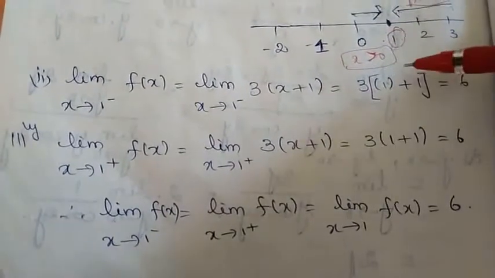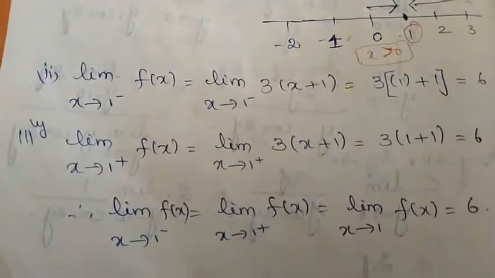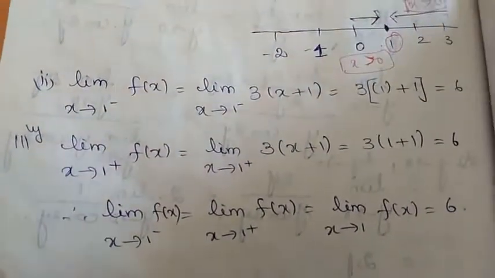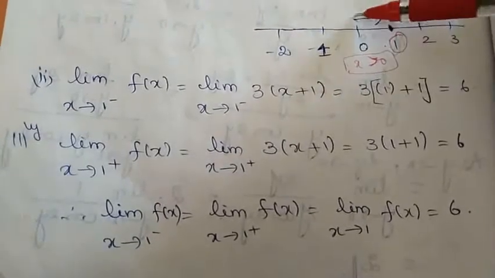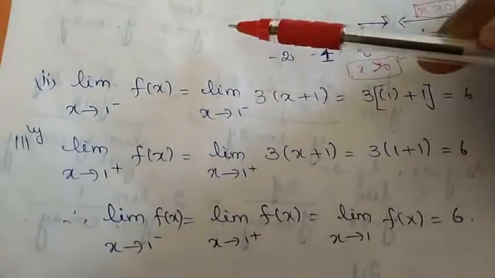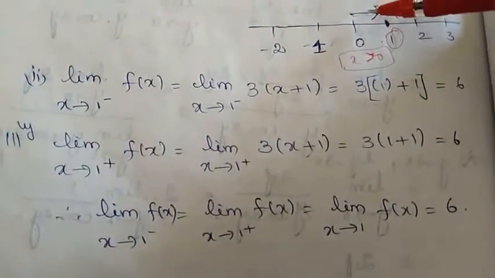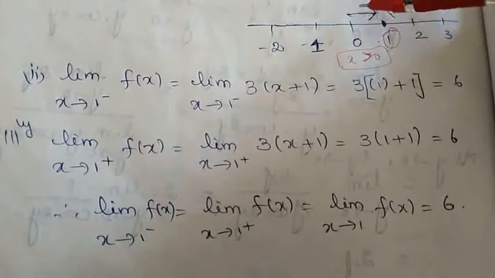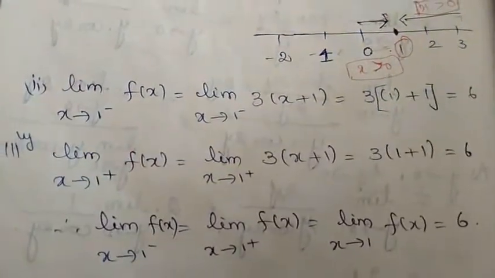So the definition of the function here for both is going to be 3 into x plus 1. Okay, because approaching value 1, we are going to take the values closer to 1. We are not going to take the values from here. Right. So the value approaching 1 means closer to 1. Closer to 1 is going to be positive value only, greater than 0.